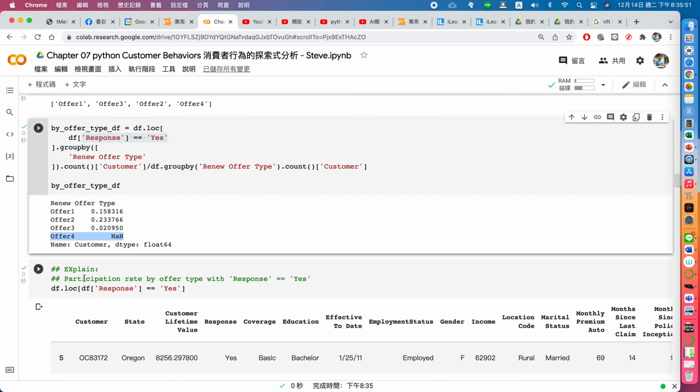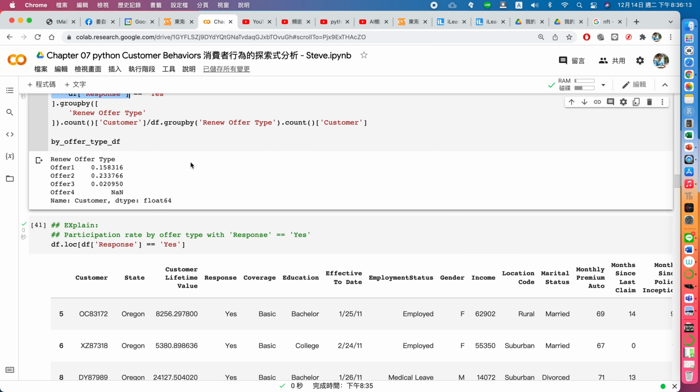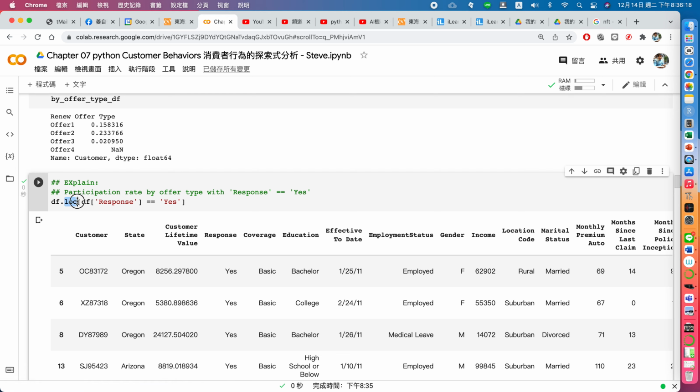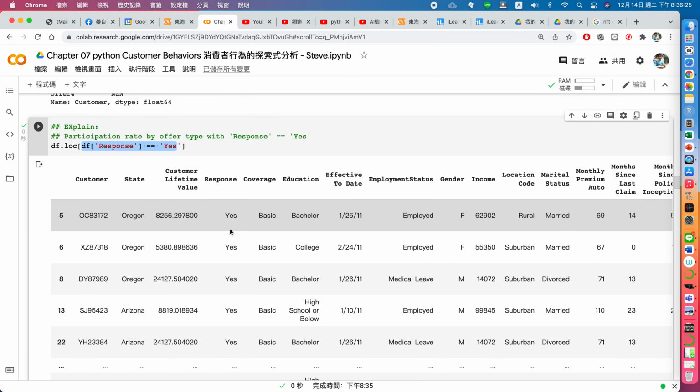Okay, here are the examples for these instructions. Because this instruction is too complicated, you have to separate the commands and exercise them step by step. So first we use the loc function to retrieve the data with yes statements here.